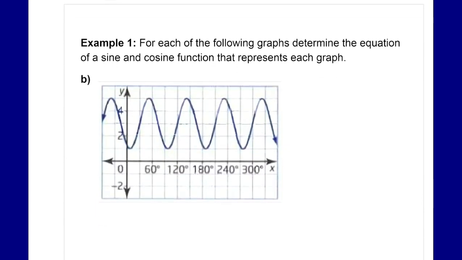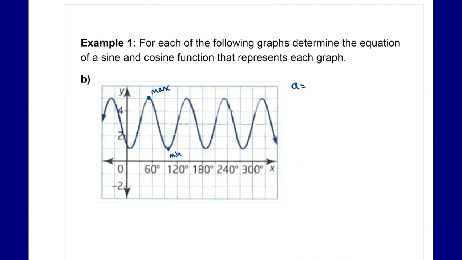So for B, again, let's go through and come up with the sine and cosine function for this graph. I'm going to, again, start with the easiest one. I'm going to start with my amplitude. So A is going to be the max minus the min, divided by 2. I can see the maximum up here. I can see the minimum down here.